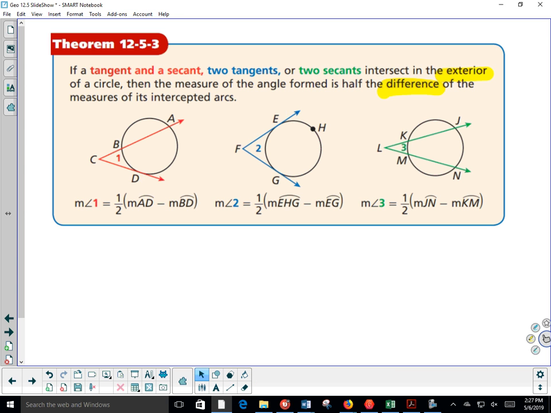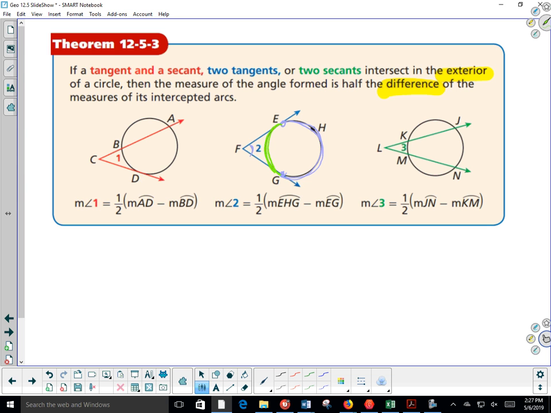So for this first one, measure of angle 1 is going to be half of this arc AD minus this arc BD. You have to subtract. And then for measure of angle 2, we're going to take half of this arc here minus this arc here.